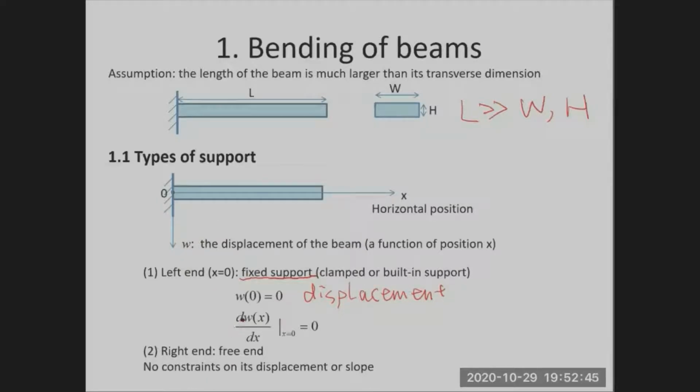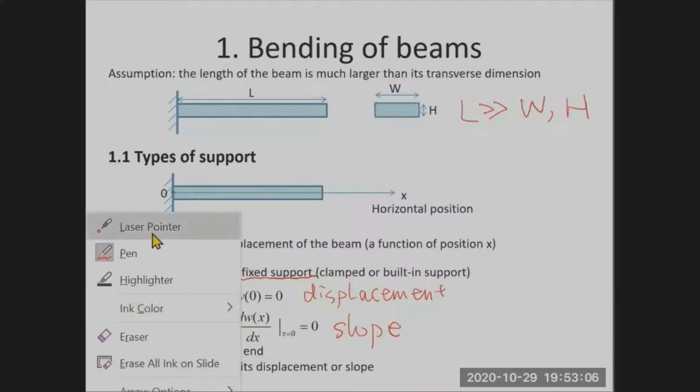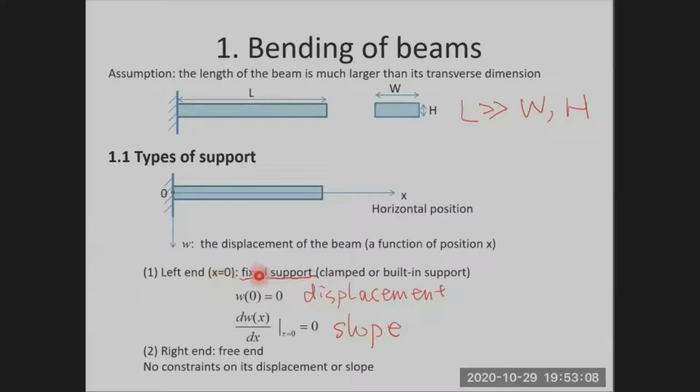In addition, dW/dx at this support, x equal to 0, is equal to 0 as well. dW/dx represents the slope of the beam. So for a fixed support, both the displacement and the slope are equal to 0.